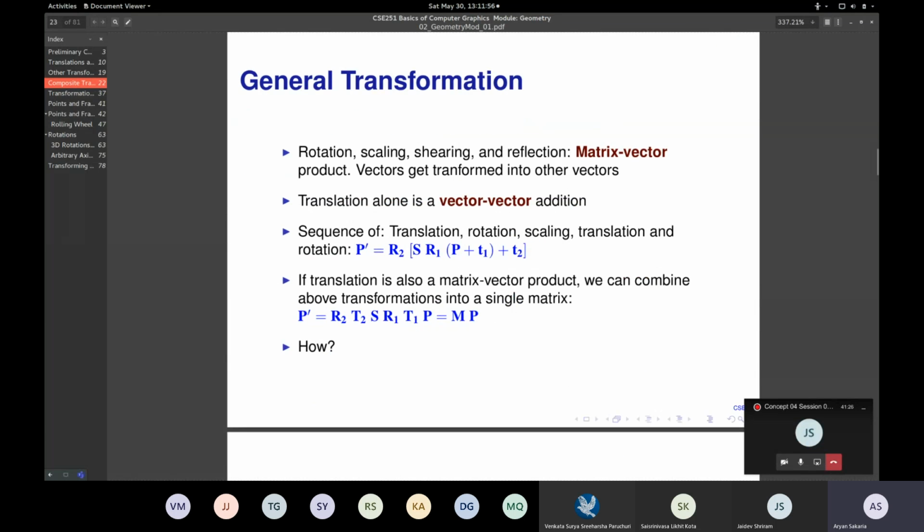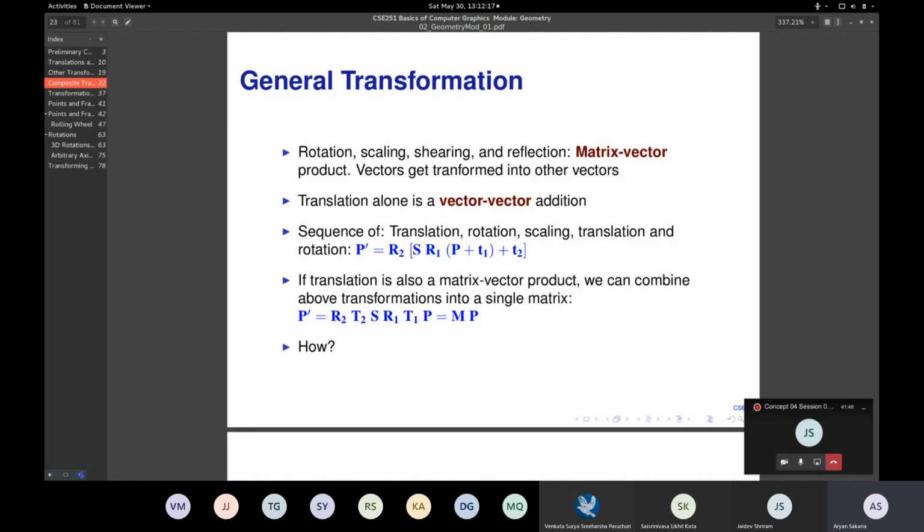Everything so far except for translation is just a multiplication, and translation alone is a vector addition. So we don't really want that. We want everything to be multiplication, and that's another reason why we introduced homogeneous coordinates, right? So now you have x, y, z, and 1.